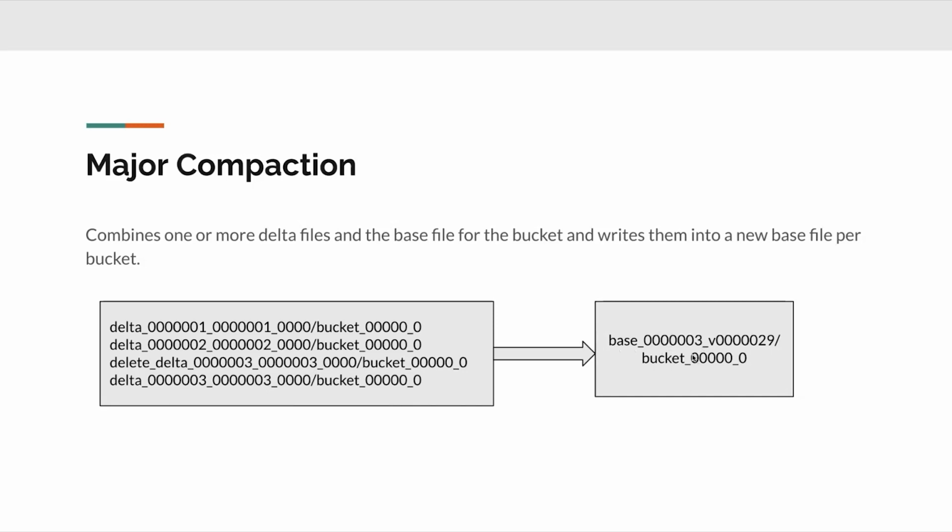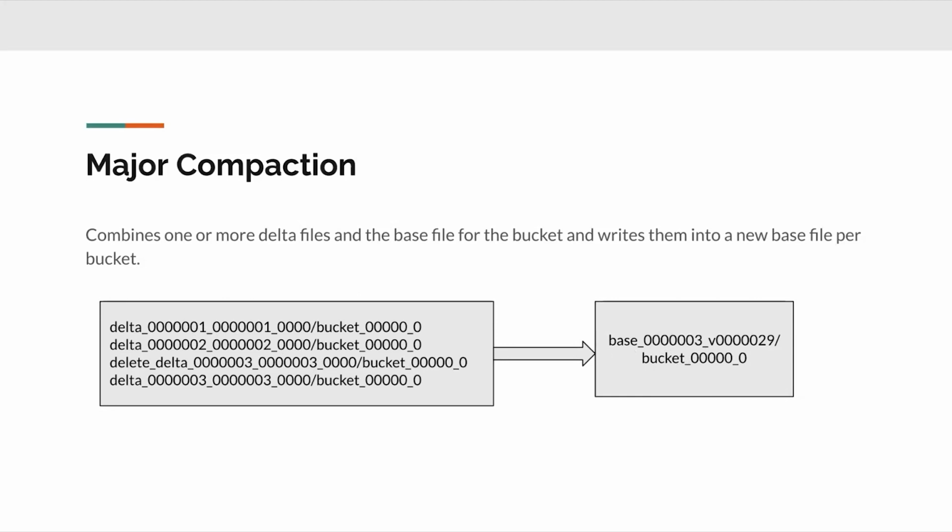So in major compaction, as we saw previously, the update, we have one insert in one delta file, and if we update, we have one more delete and insert for the same row. Now what major compaction does is it removes the older versions of the same row if it is present.